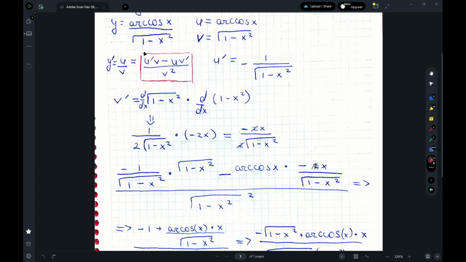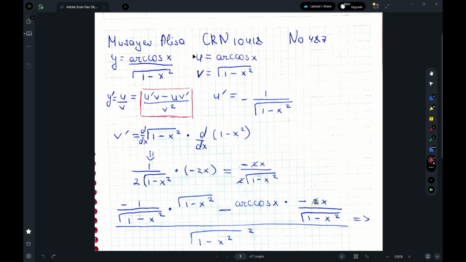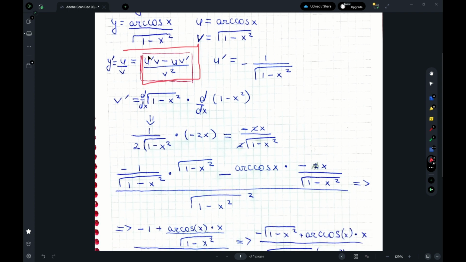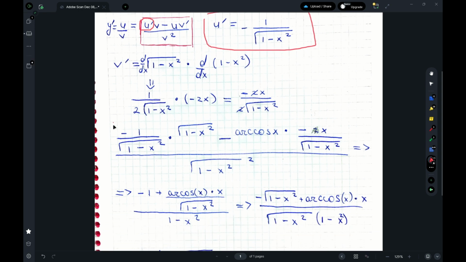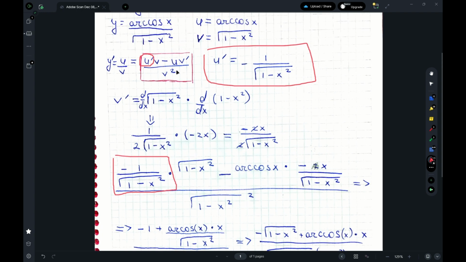So let's now we have u, v, derivative of u and derivative of v. So let's write all of this together in this form. So first, derivative of u, which is this one, we write it here. We multiply it by v, which is this one, we write it here.